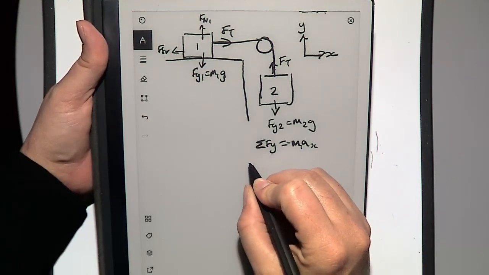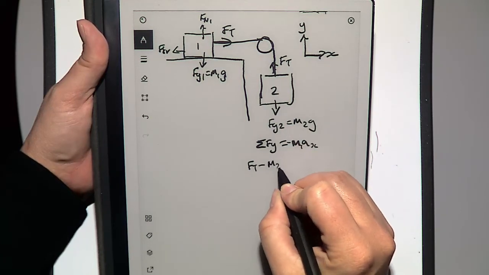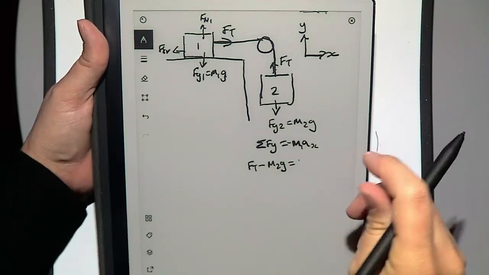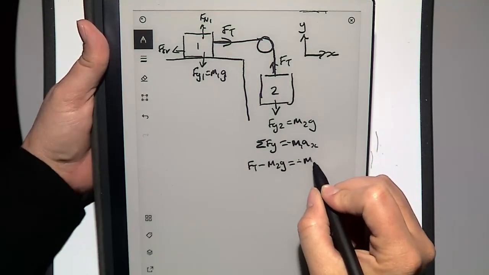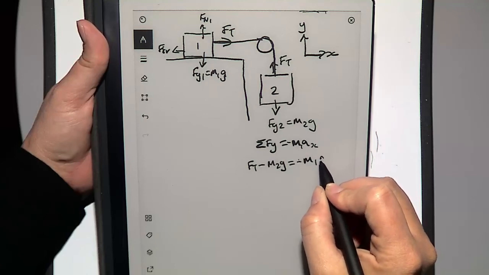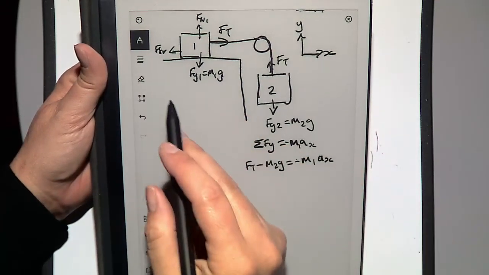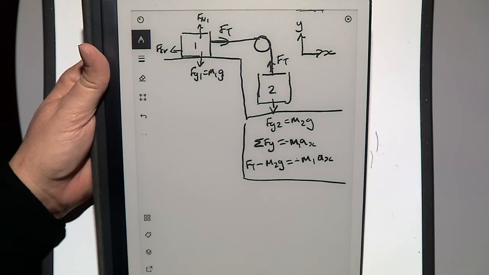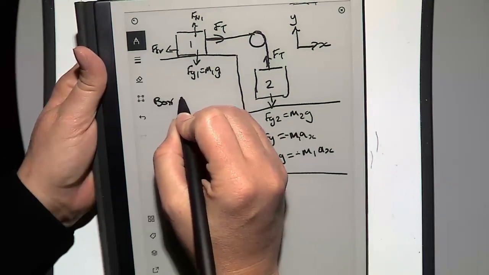And so we've got the tension force up minus the m2g for the force due to gravity on the box, and then minus mass 2 times acceleration a. Okay, and so that's box 2 done. So we can have a look at box 1 now.